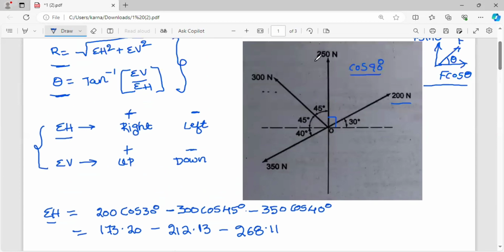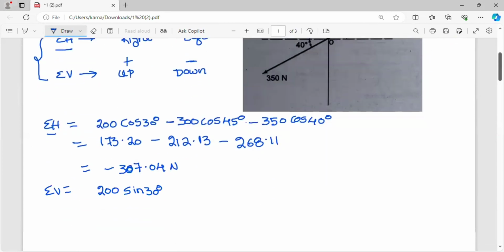Next, coming to this 250 newtons, it is simply vertical, in the upward direction, so plus 250 newtons. You may take it as sine 90 degrees, and the sine 90 value is already 1.